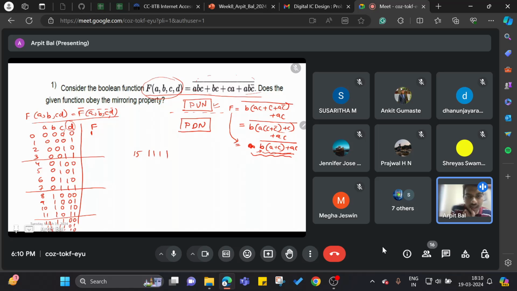But can I make this statement that if any 2 inputs are high, then f is going to be 0? So any 2 inputs out of A, B, C, if they are high, the f will be 0.